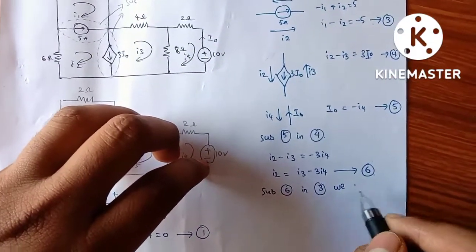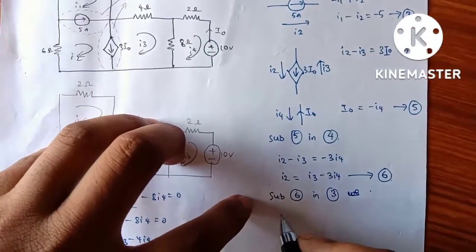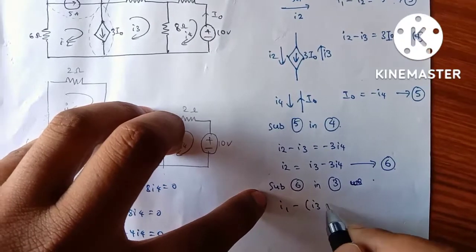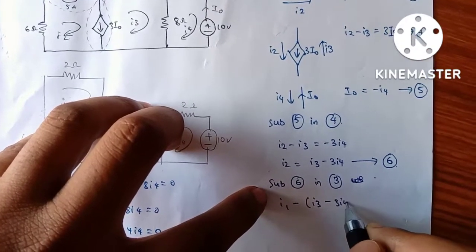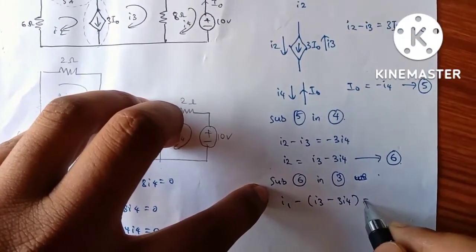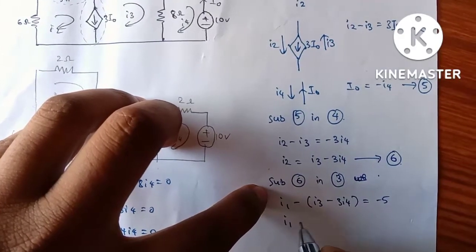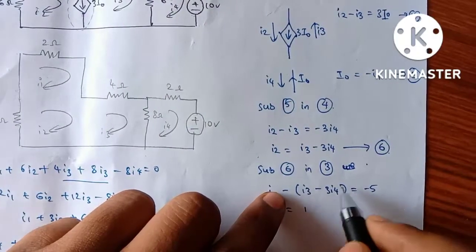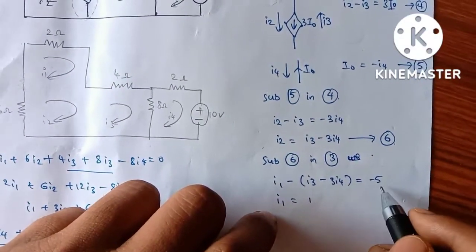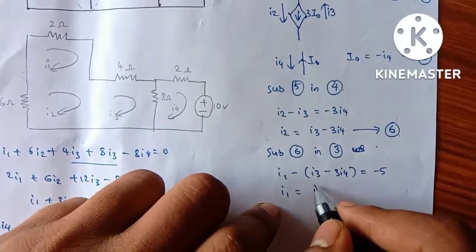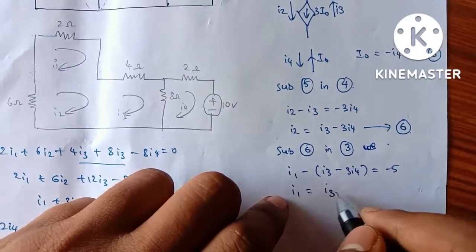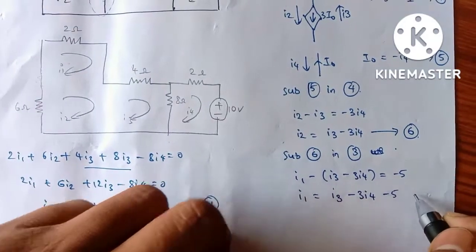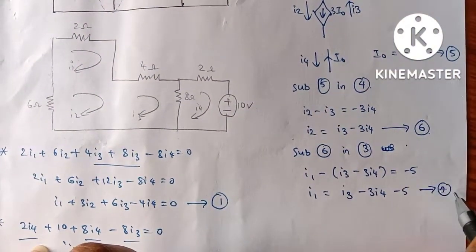We get I1 minus (I3 minus 3I4) equals minus 5. Then I1 equals, taking the whole bracket to the other side, I3 minus 3I4 minus 5. Consider this as equation number 7.